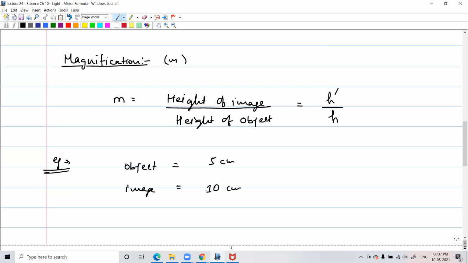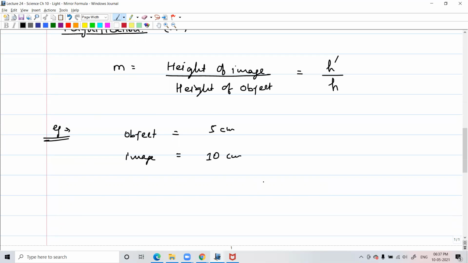Can you tell me what will be the magnification? Two, sir. Yes, m will be, so this is your h and this is your h dash, of course. Image height is h dash, object height is h. So m is h dash by h, which is 10 by 5, equal to 2.